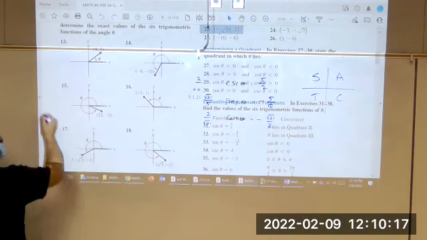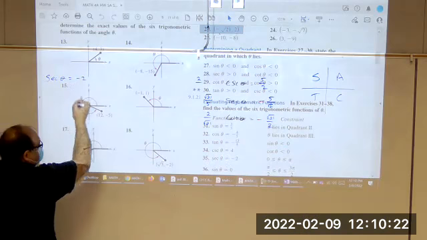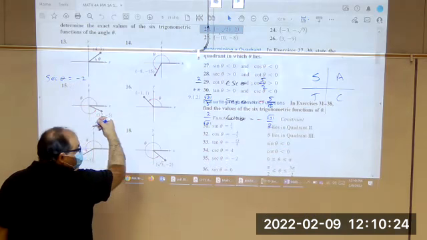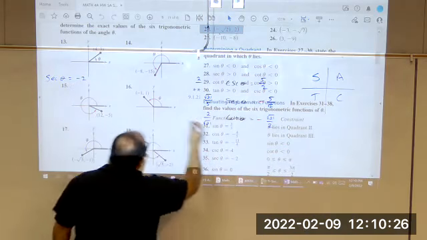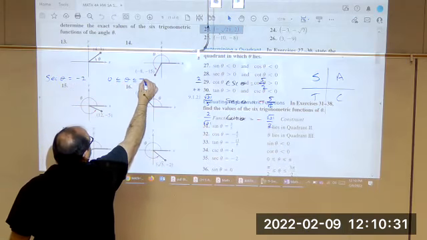In 35, we're told that the secant of theta is equal to -2, with the constraint 0 is less than or equal to theta, which is less than or equal to pi.